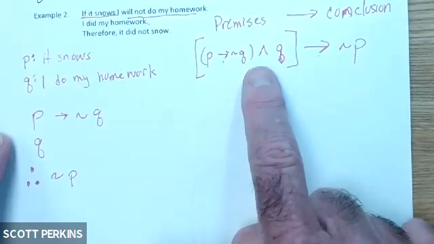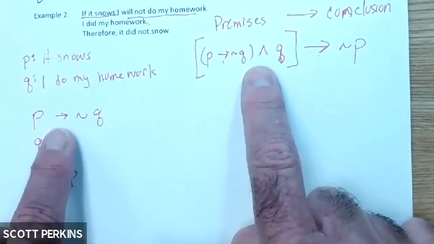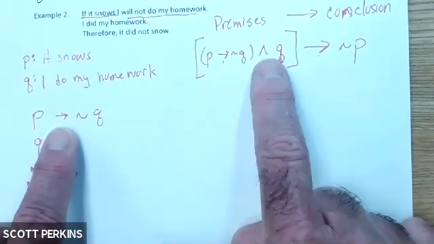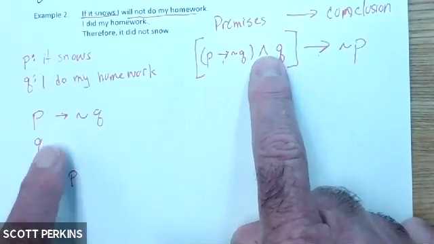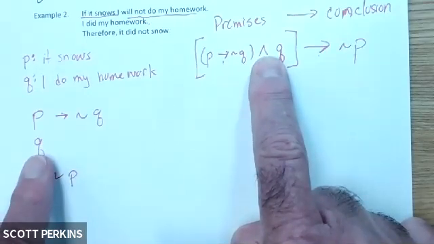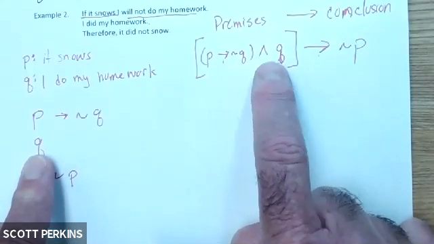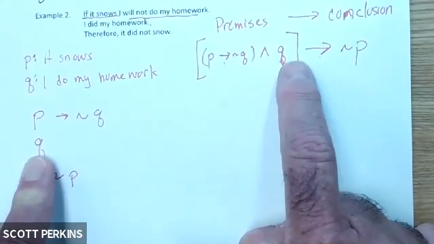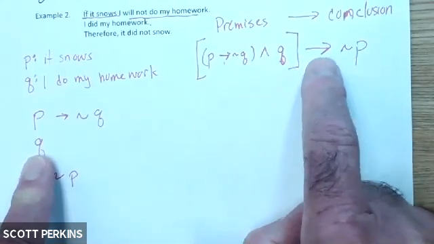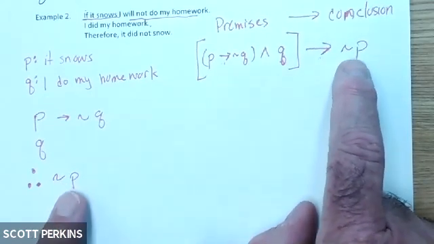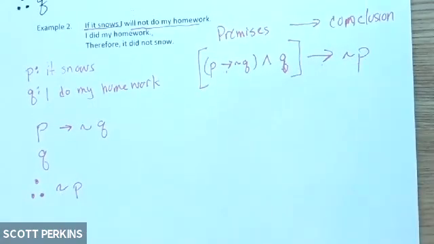So here are my 2 premises: if P, then squiggly Q, and notice the conjunction, and the second premise, Q. I've grouped those together with a bracket. Does that imply, does that lead to squiggly P, which is the conclusion? That's where we got to last time.